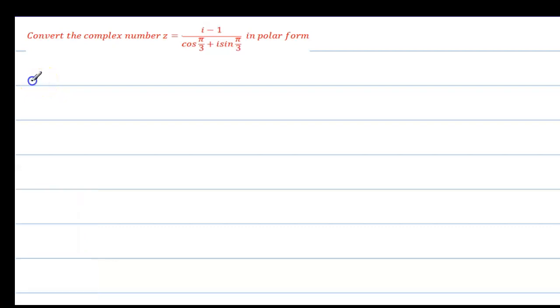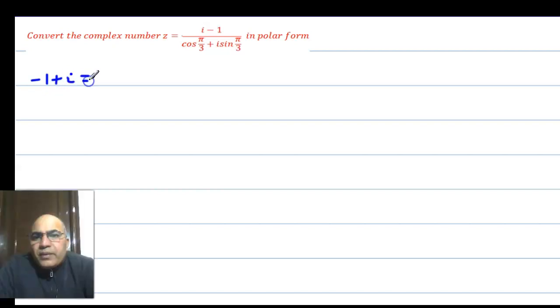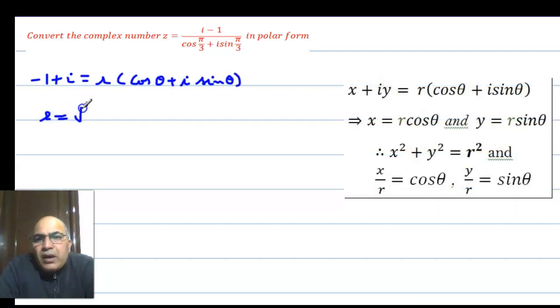In this question, first of all, we write the polar form of minus 1 plus iota equals r times cos theta plus iota sin theta. Now r is equal to root of minus 1 square plus 1 square, which is equal to root 2.